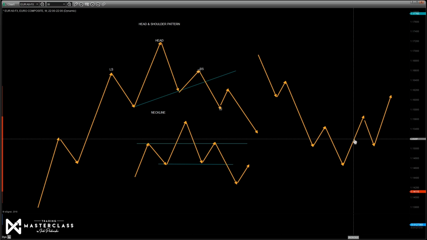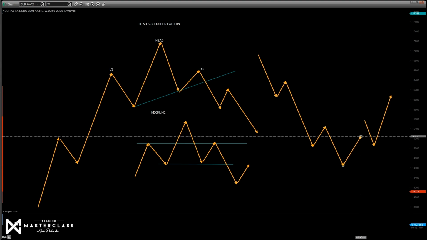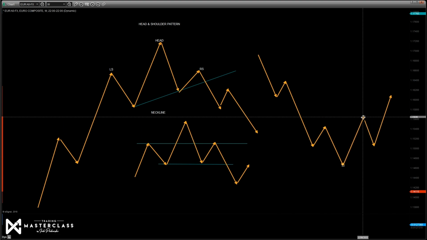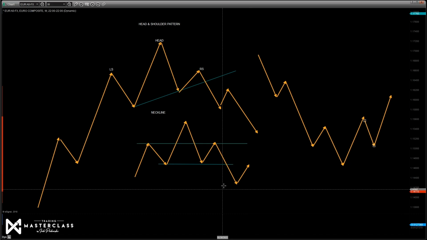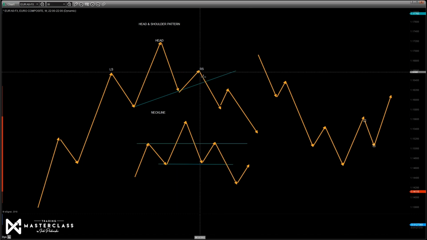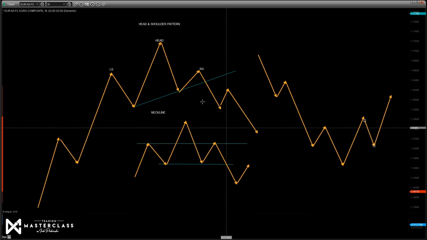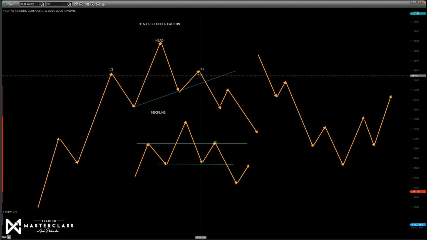Whereas with this head and shoulder pattern, the first sign of a trend change is the breakout, okay? Not here, not there, it's the breakout. So that is our first sign of a trend change. And then this is the confirmation, not the breakdown. The confirmation is the right shoulder, which in this case, the right shoulder is the first sign of a trend change, okay?